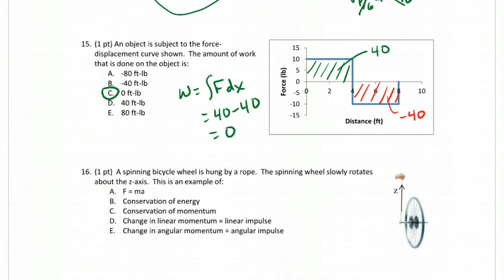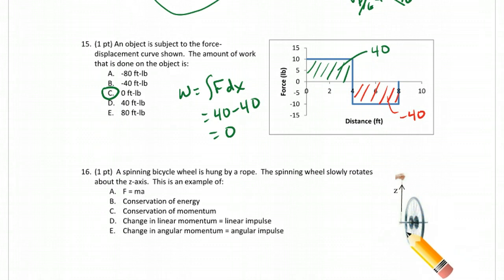Okay, last one relates to the last module we covered. Hopefully you remember the demonstration of the spinning bicycle wheel with some sort of axle right here and then hung by a rope. So we're supporting it in the vertical direction with a rope, and if you remember the demonstration, the bicycle wheel was spinning this way, and it actually started rotating about this vertical axis.